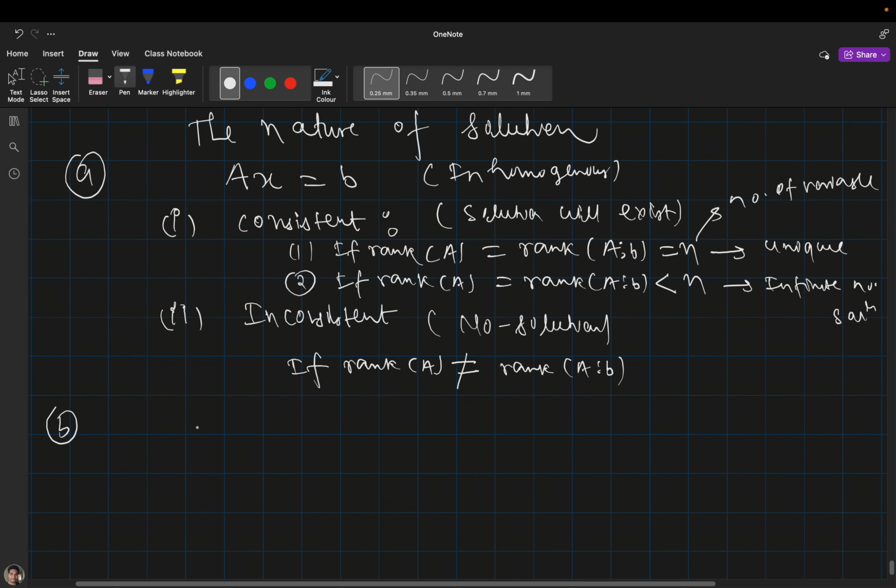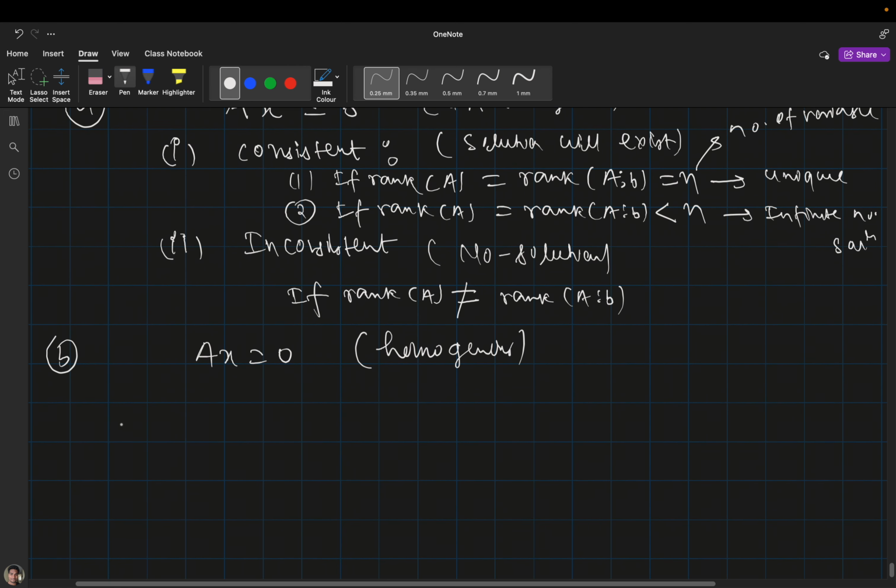Now the second case, if it is homogeneous, then what will happen? Will it always be consistent if it is homogeneous? Yes, it is always consistent. You will always get the solution.